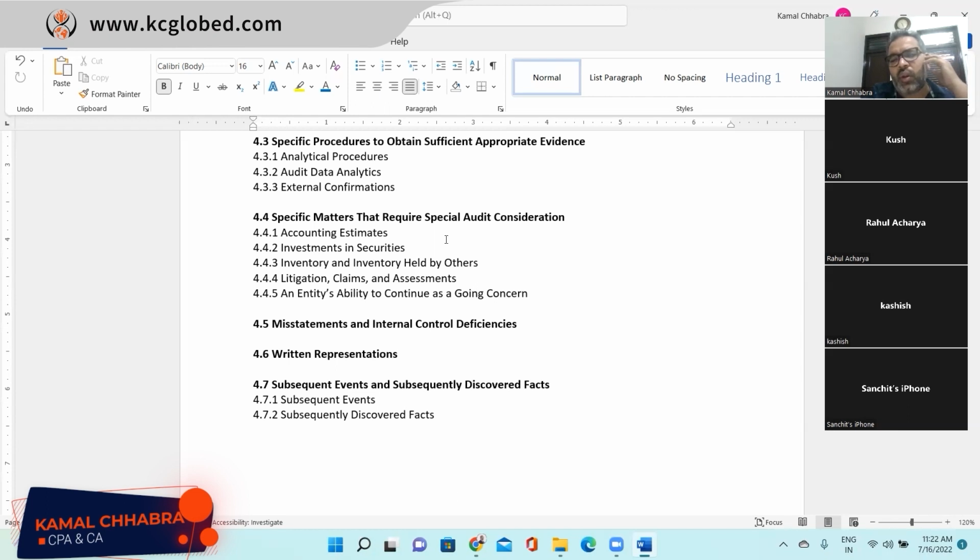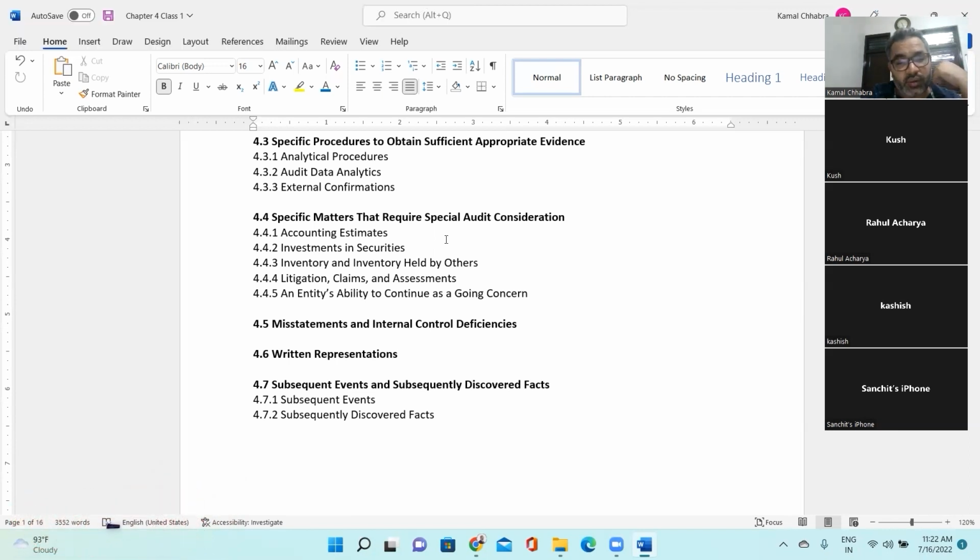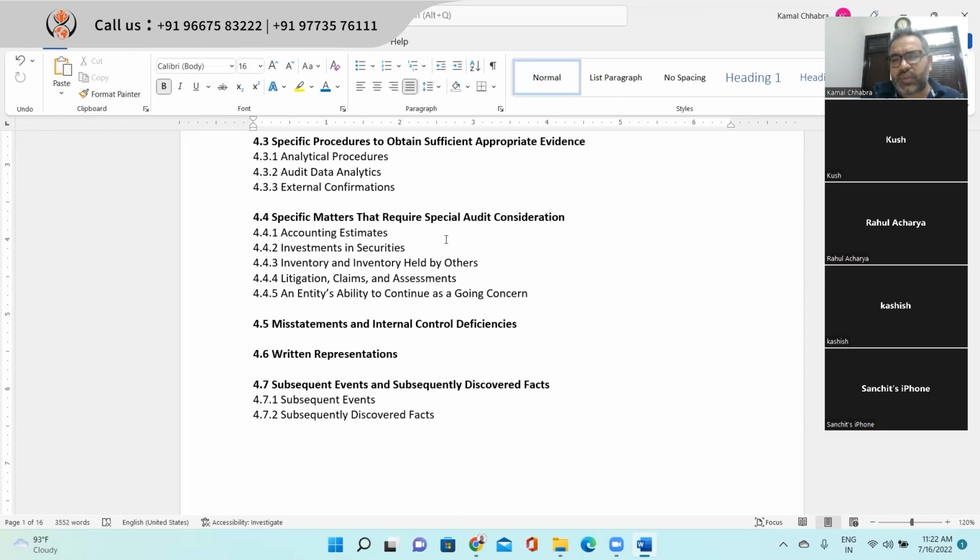How you need to audit those areas and what all judgments management has probably considered in those areas, to identify any investment as a long-term investment, strategic investment, or a short-term investment. So there are a lot of assumptions involved in those investment areas as well. To test those investments, it is considered a special audit consideration area, right?